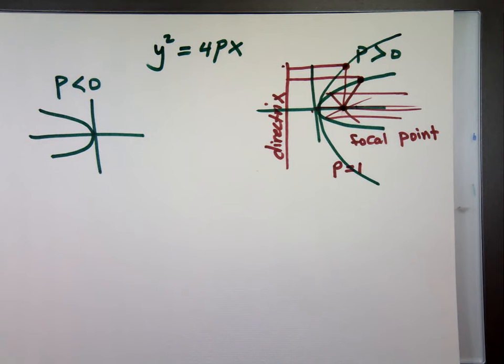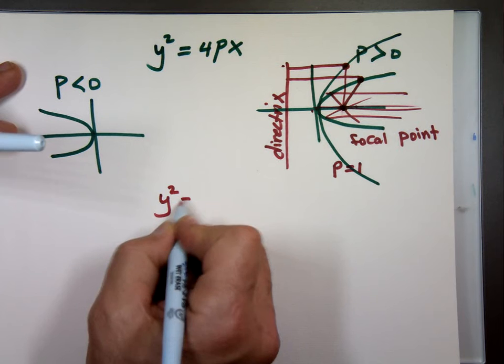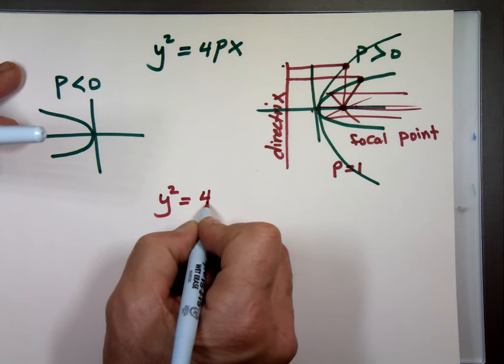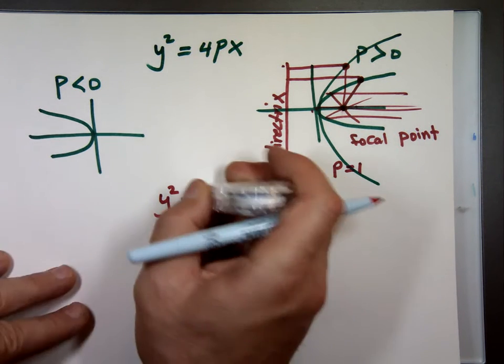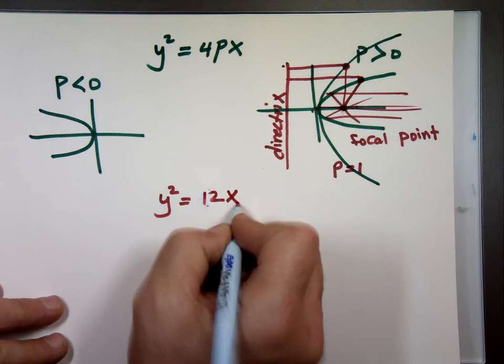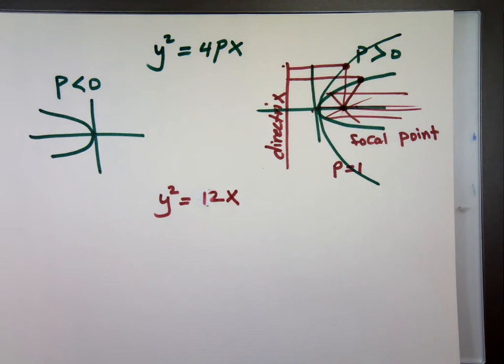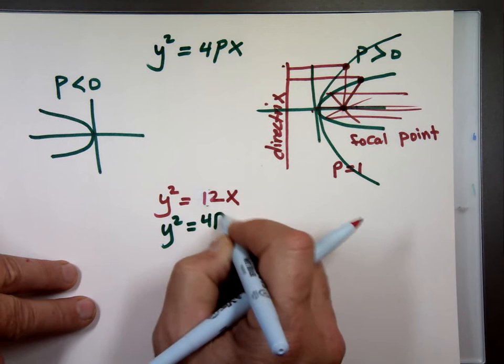So here's an example. Let's take this one. I want to graph y squared equals 12x. Let's compare it to that one. Y squared equals 4px.